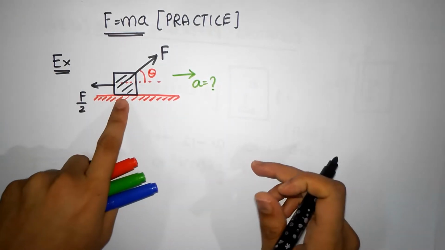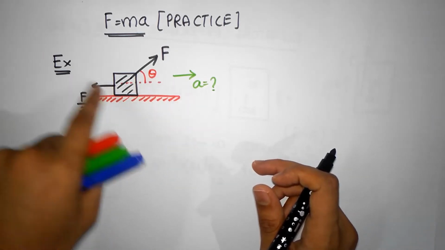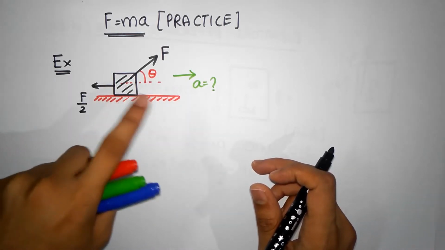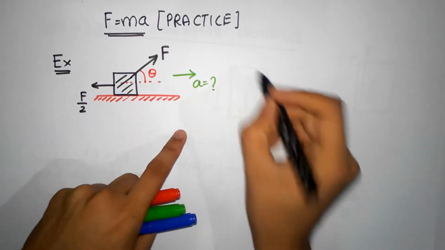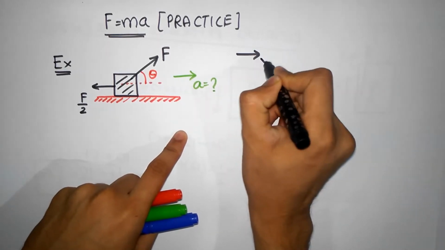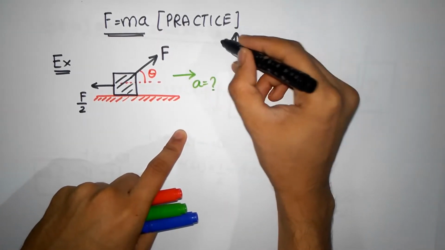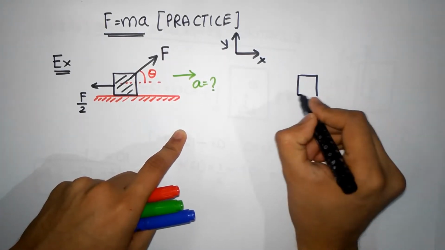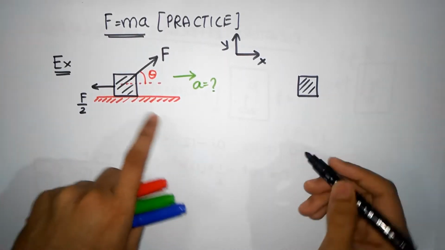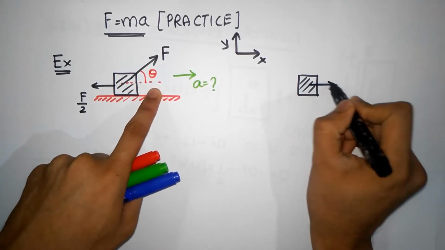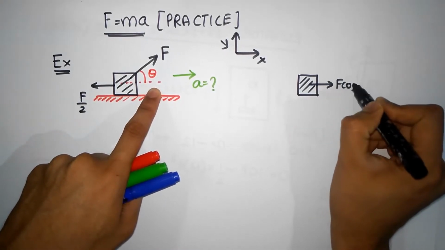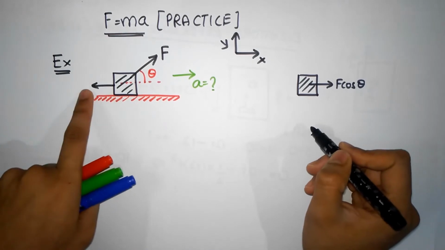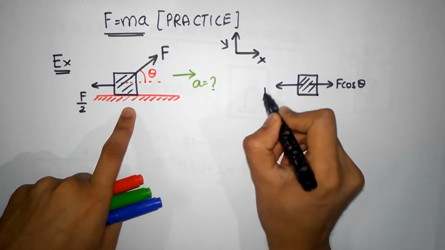Since we have forces in 2 dimensions, it's best to resolve the forces along the horizontal and the vertical. Along the horizontal, I have one force, F cos theta, and another force, F divided by 2.